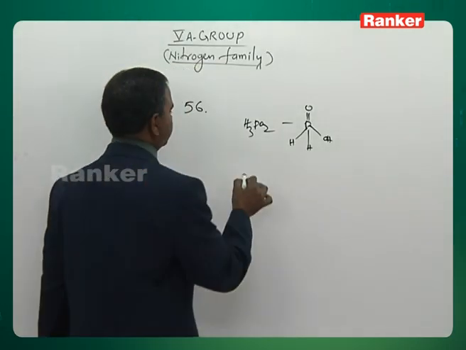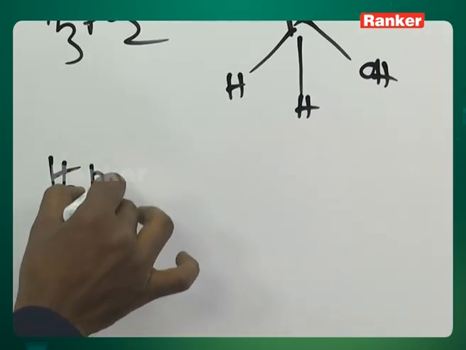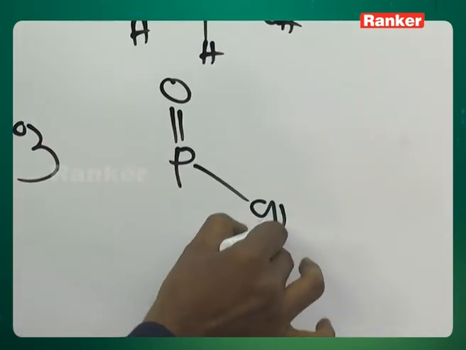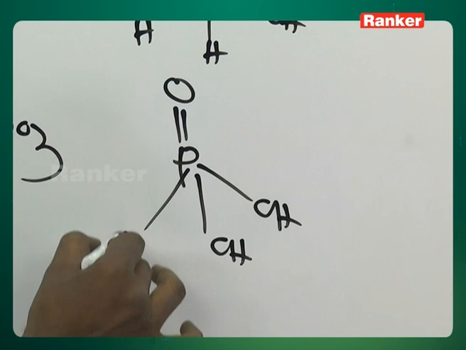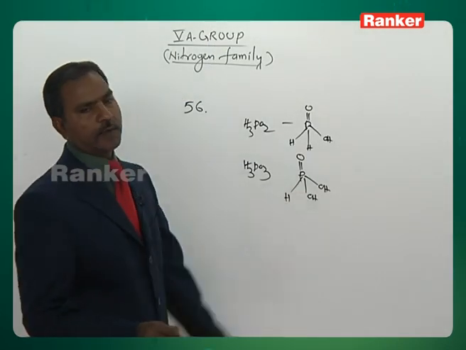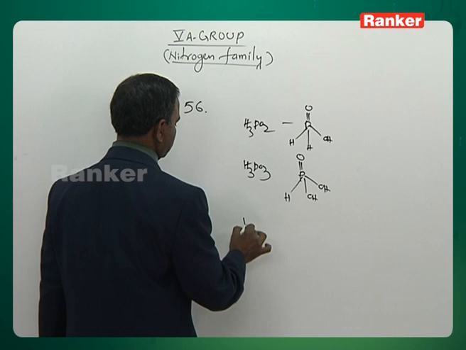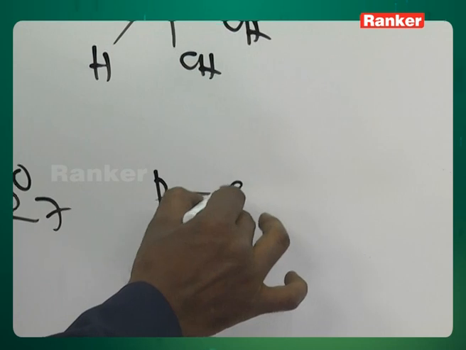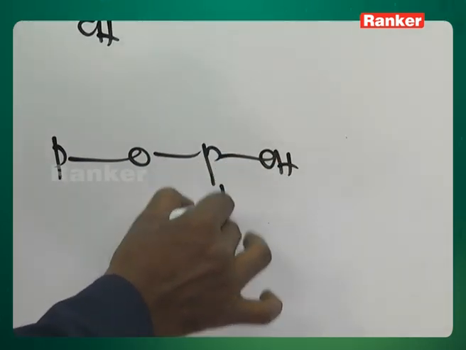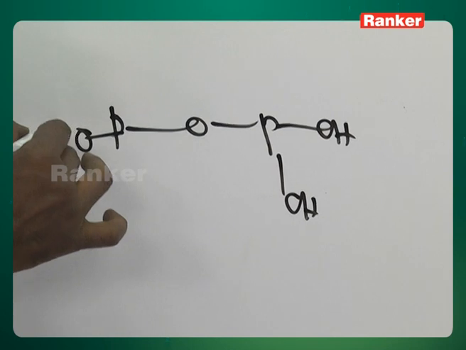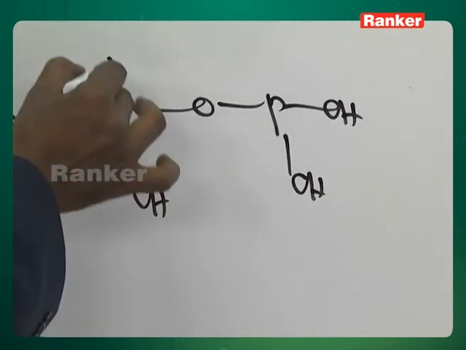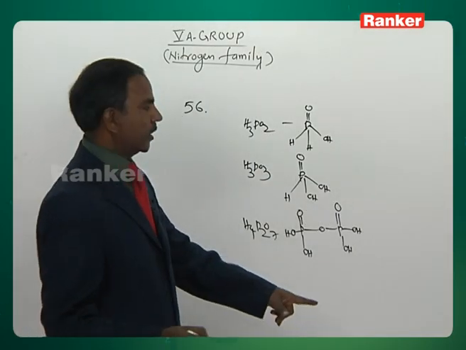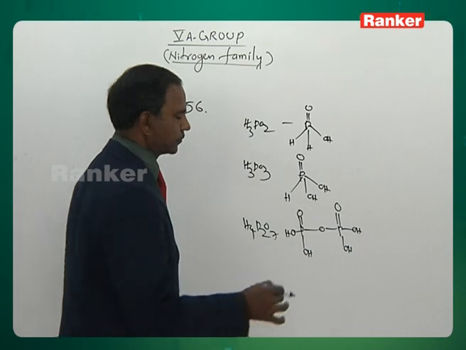Second, H3PO3. This is a dibasic acid. That is monobasic, this is dibasic. Next one, H4P2O7, so it is tetrabasic and also two unprotonated oxygen atoms are there.